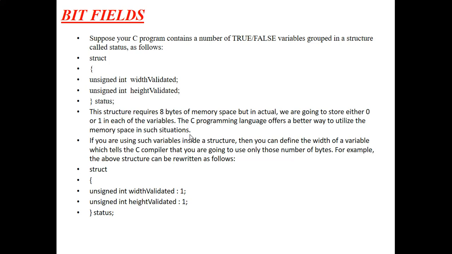Suppose I want to store either 0 or 1 in these variables. Normally width validated and height validated are of integer type, so these are going to take 4 plus 4, 8 bytes of data in memory location.